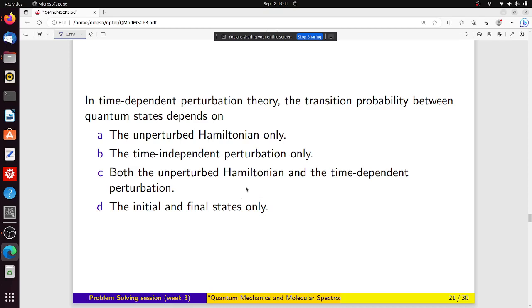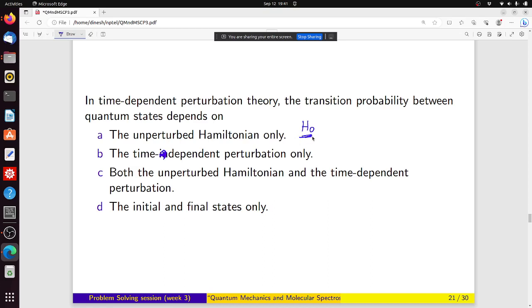So B is correct? Time dependent perturbation, so it won't depend on H naught. What is H naught? It is not time dependent.